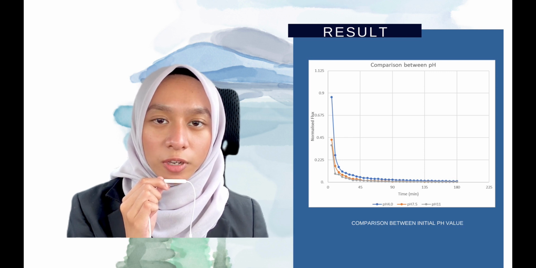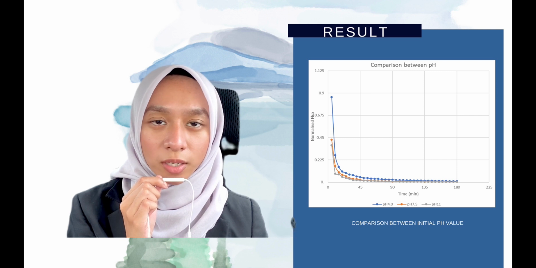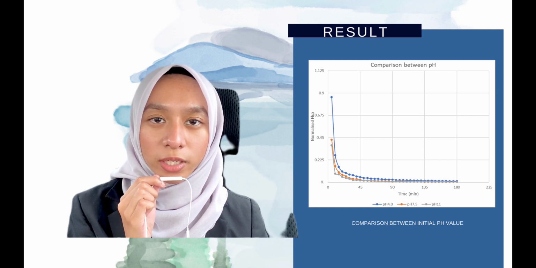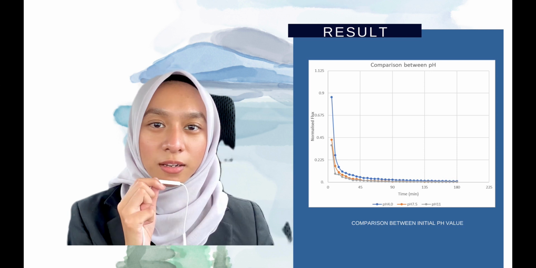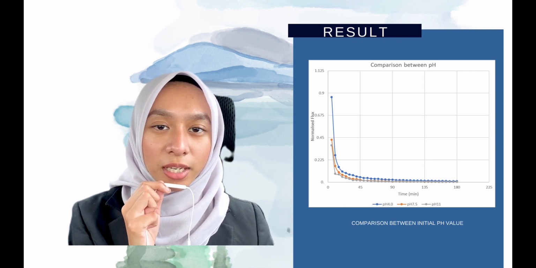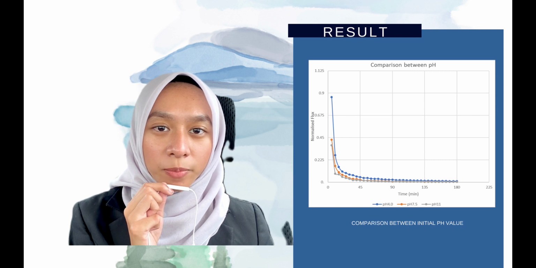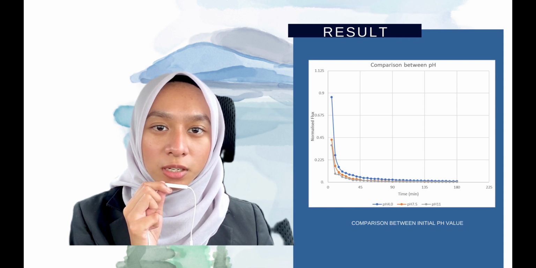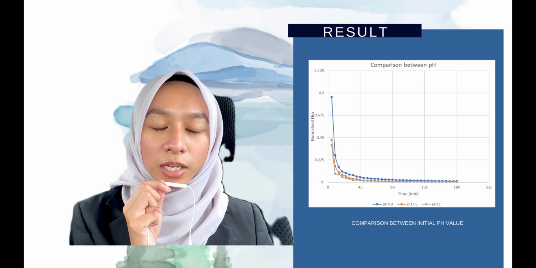The pXC value of ZnO can be found in pH 6 until 8, which makes pH 4 lower than the pXC. Basically, at pH lower than the pXC, it donates more protons and makes the surface of the material positively charged.